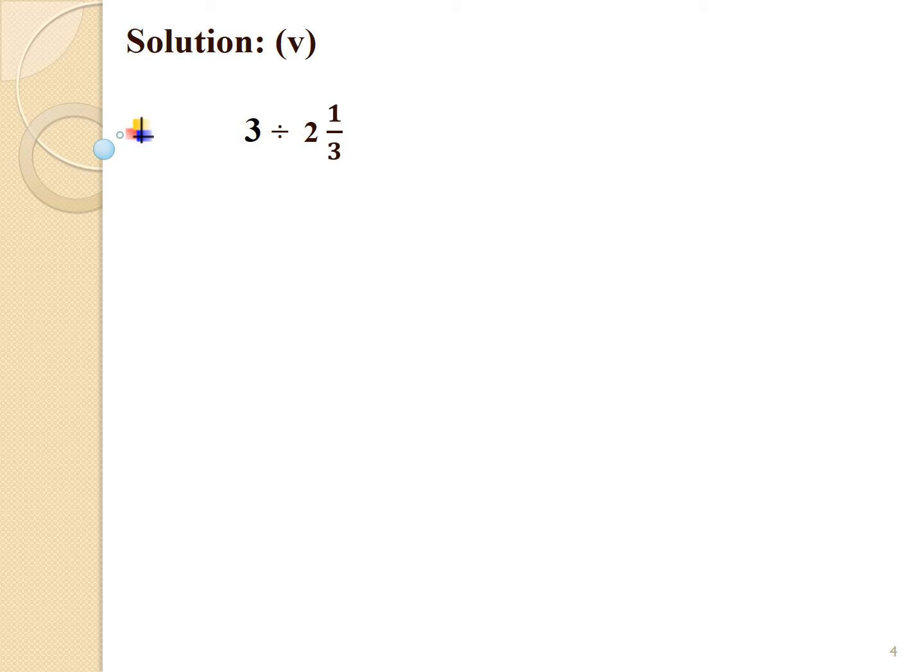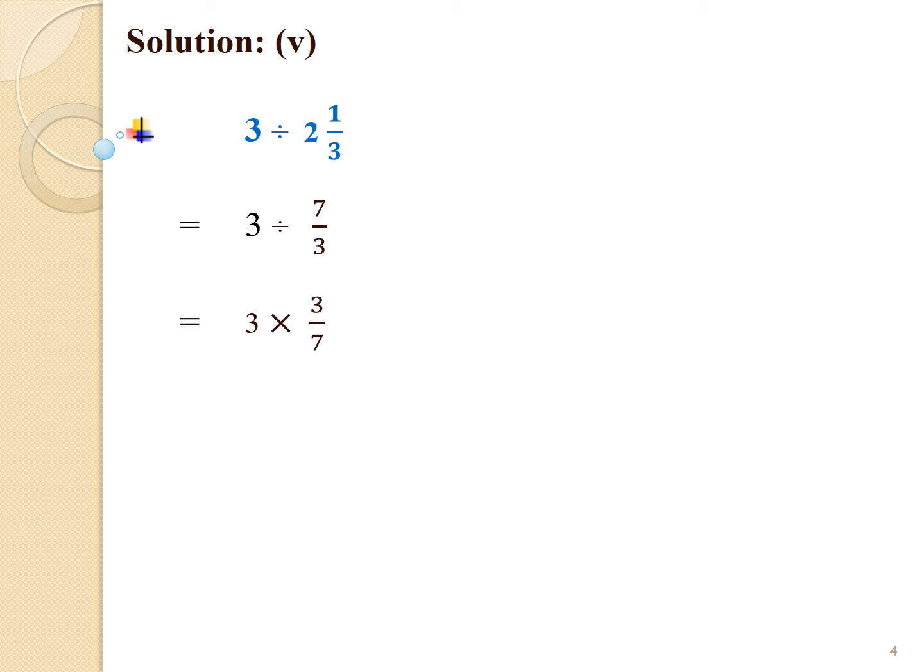Now, let us solve sum number 5. 3 divided by 2 integer 1 upon 3. First, converting mixed fraction 2 integer 1 upon 3 into improper fraction, we get 3 divided by 7 upon 3. Now, multiplying whole number 3 by the reciprocal of 7 upon 3, we get 3 into 3 upon 7.